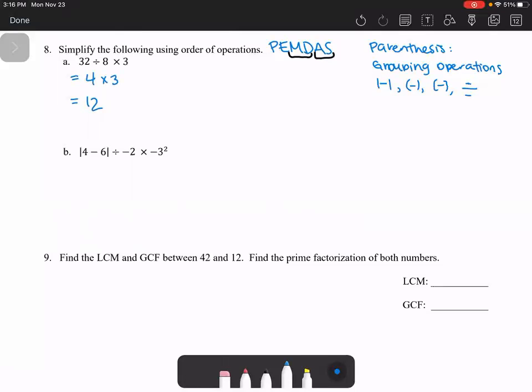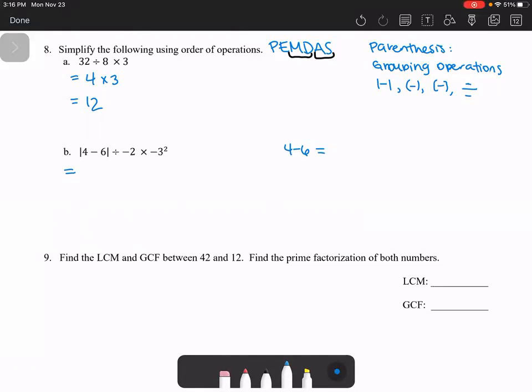So in part B, we're going to do the grouping operations first, which is the absolute value. So the absolute value of 4 minus 6. 4 minus 6 is negative 2. You can see that using a number line. You can also see that by reordering.